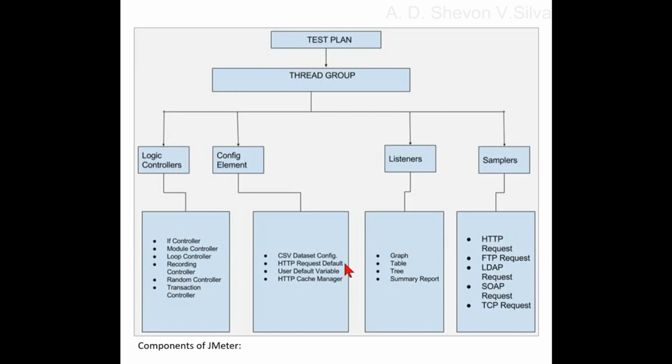HTTP request defaults. This config element is very useful for specifying the default values for HTTP requests. To guide you more, take an example where we need to hit 50 different requests at the Google server. In this scenario, if we add the HTTP request defaults, then we need not specify the server name, path, or any other properties like port number, connection, and timeout properties.